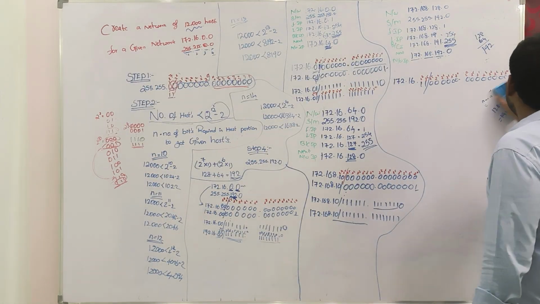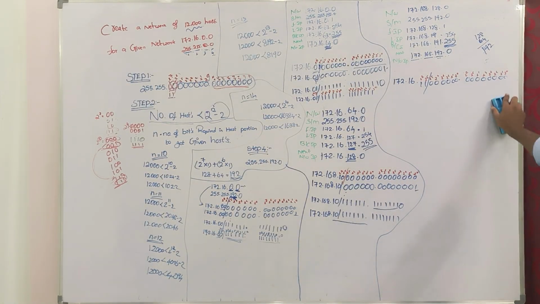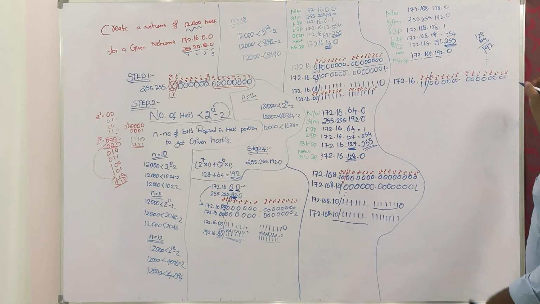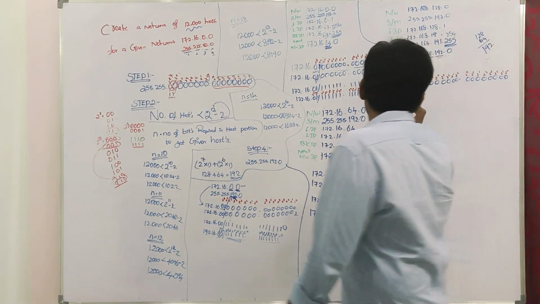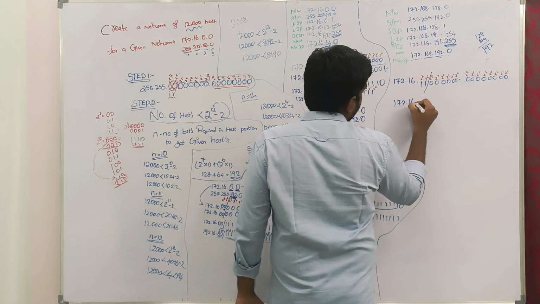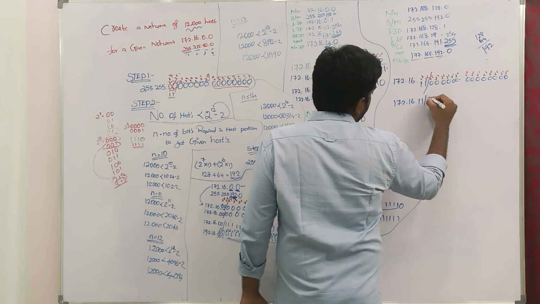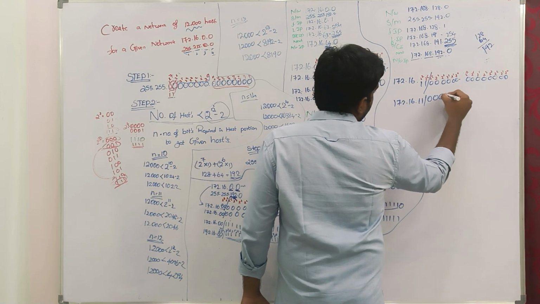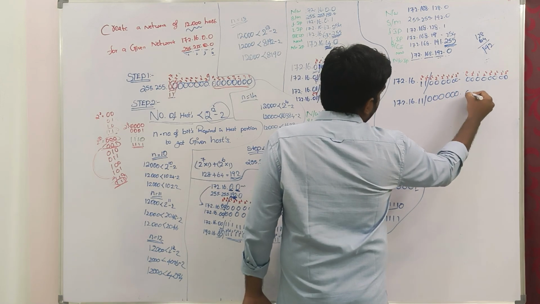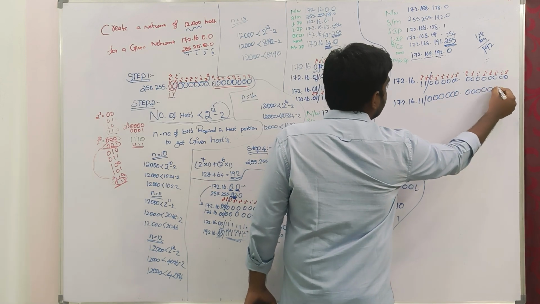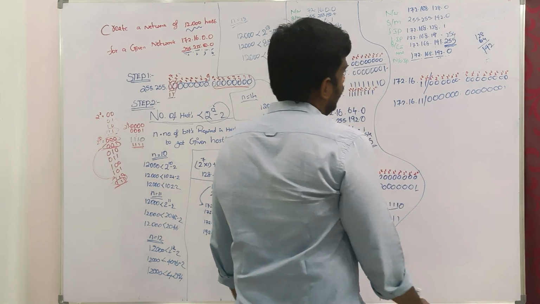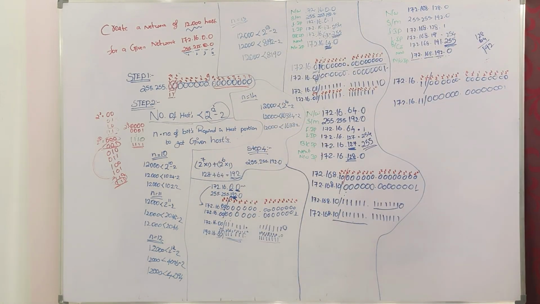Then what is the first IP? 172.16.11/0000000.0000001 is our first IP. What is the last IP then? The inverse of the first IP is your last IP.